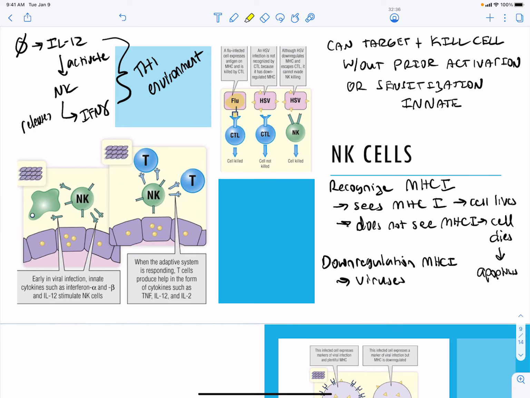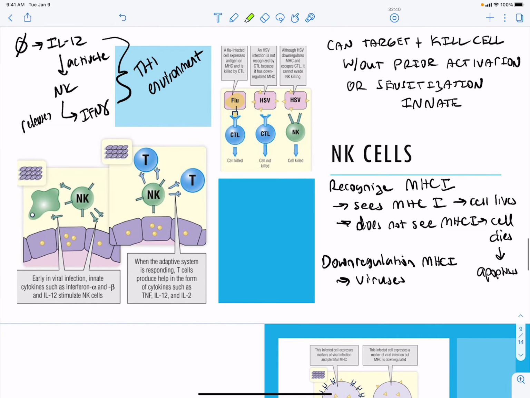Herpes simplex virus downregulates MHC1, and so it will not be seen by a CD8 T cell because there's no MHC1 on the surface. However, because it downregulates MHC1, the natural killer cell does not see MHC1, and so it decides, I need to kill this cell.